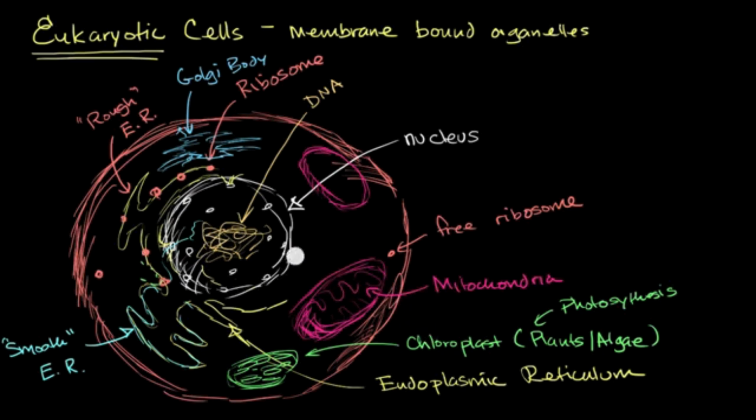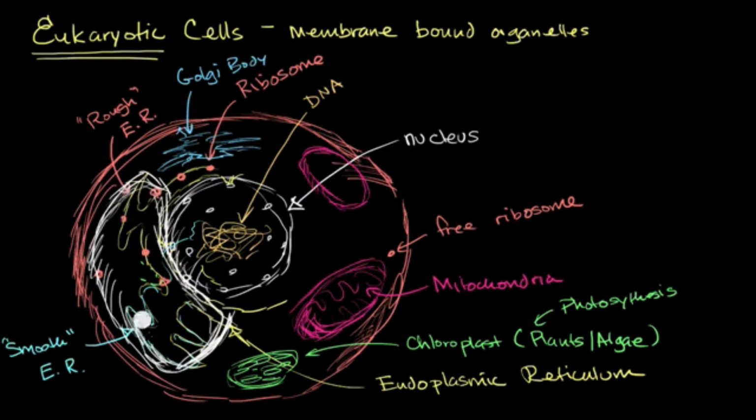Now, there are also some other membrane-bound organelles that are maybe less famous than the mitochondria or the chloroplast or, for sure, the nucleus, and that might be something like a vacuole. In plants, vacuoles tend to be very big. I could draw it; this is three-dimensional, so I'll draw it on top of some of what I've drawn before. A vacuole right over here in a plant could be a fairly significant compartment inside. In fact, it can even give structure to the plant itself because it is so big.